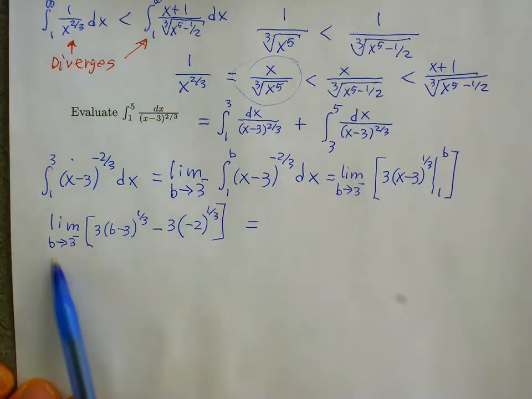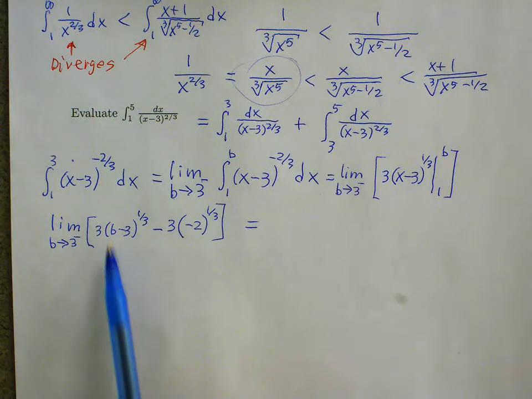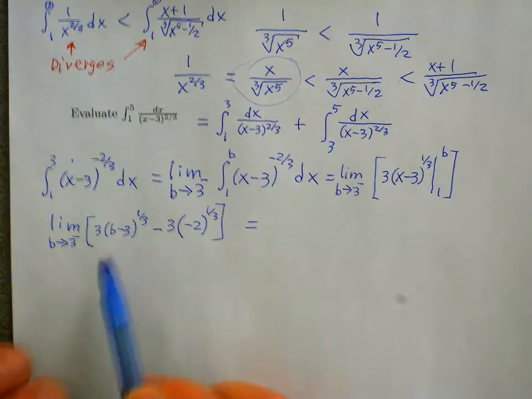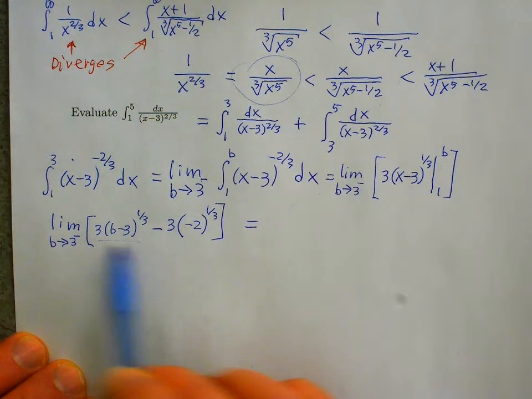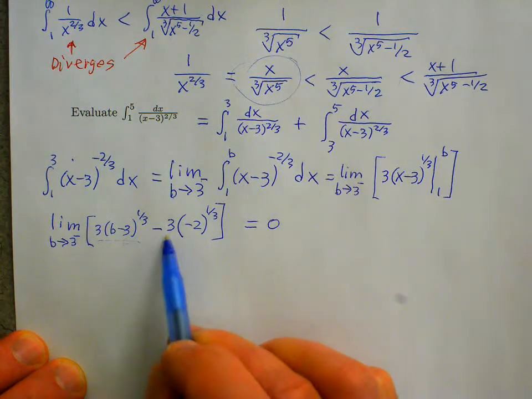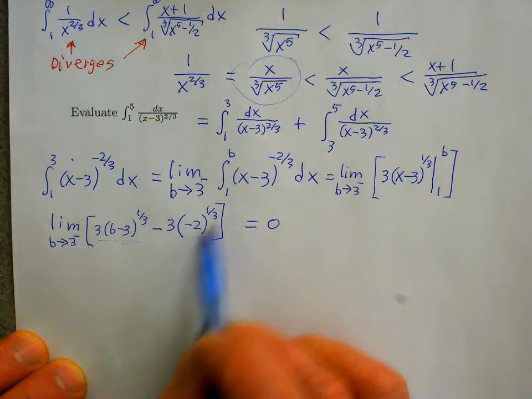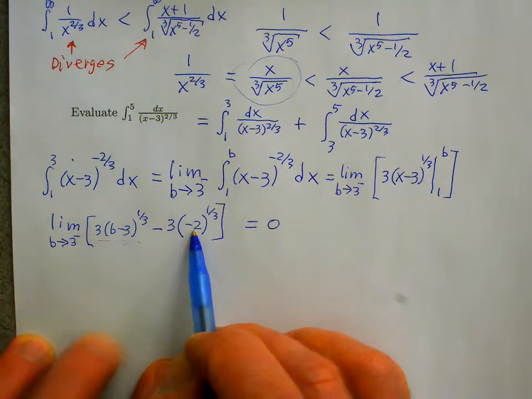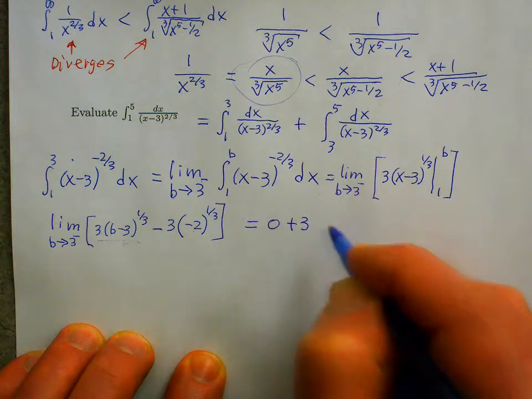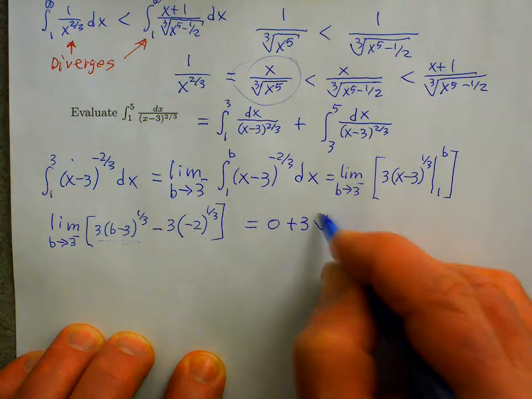And then as b gets closer and closer to 3, b minus 3 gets closer and closer to 0. So the limit of this as b approaches 3 is 0. And we're subtracting a negative because the cubed root of a negative is a positive. So this is plus 3 times the cubed root of 2.